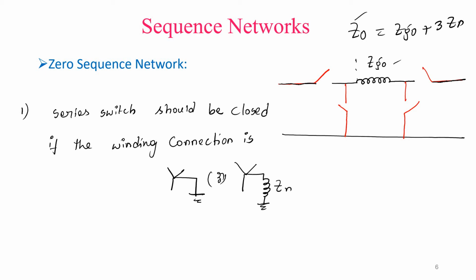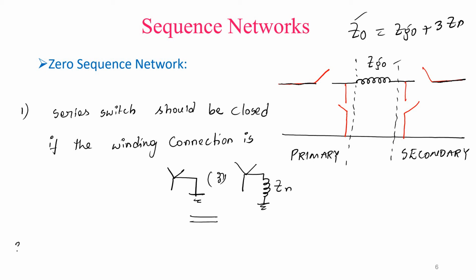These two switches refer to the primary side of the transformer and these two refer to the secondary side. If this connection exists at the primary side, the primary series switch will be closed. If it exists at the secondary side, the secondary series switch should be closed.